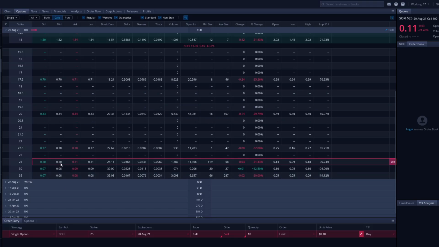Since you have the 100 shares, you'll be selling a $25 premium covered call, and that will net you, let's say, $110. So you'll be paid a premium of $110 for that covered call. That does mean that you need to hold on to those shares until the contract either closes or expires.